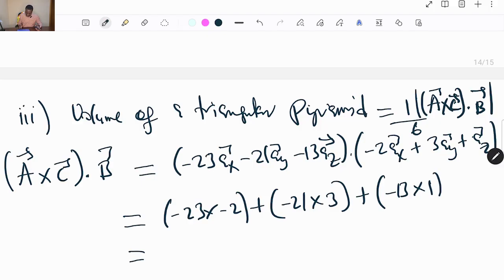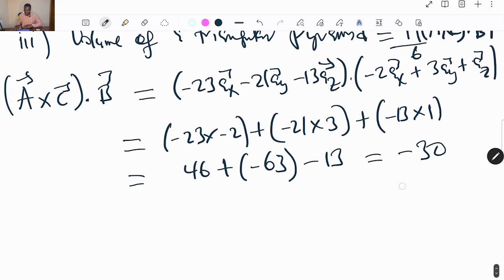So here that will be 46, plus minus 21 times 3 gives us minus 63, then minus 13. So we have 46 minus 63 minus 13, which is minus 30. Very good.